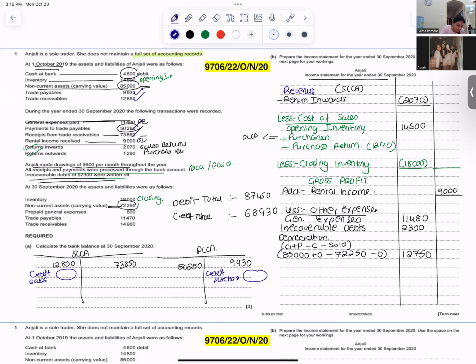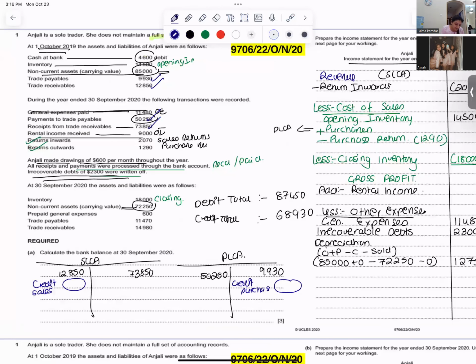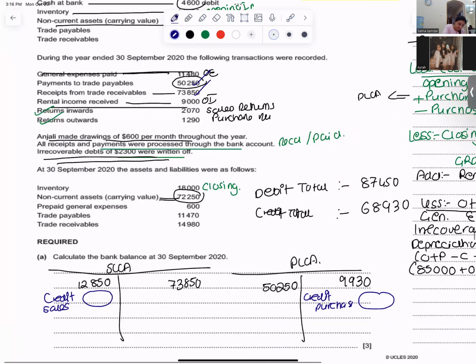Now, return inward, sales return. The sales return will come on the credit side, 2,070. And purchase return will come on the debit side, 1,290. So this is sales return, this is purchase return.